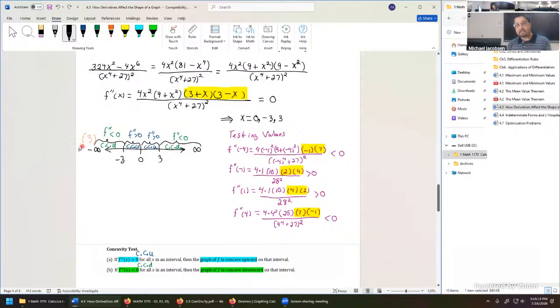So now, final thing to say is the function f, I'll just say briefly, f is concave. I'm just going to go left to right. So starting with concave down, on the interval from negative infinity up to negative 3.